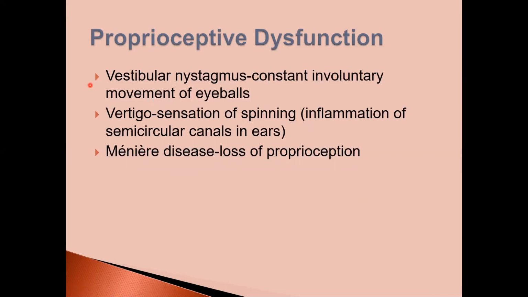Vertigo is the sensation of spinning, and can be caused by an inflammation of the semicircular canals in the ear, which can also cause proprioceptive dysfunction. And then Meniere's disease, which is a disease that affects balance, and we'll talk about that in the next part, part 3, the next dysfunction of sensory in this chapter or week. And that's it.